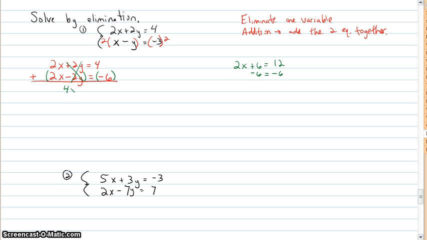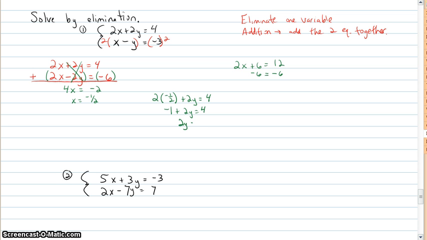On the left-hand side I have 4x, on the right-hand side I have negative 2. When I solve for x, I get x equals negative 1/2. That's only part of my solution. Now I need to substitute it back in. So I'm going to choose to substitute into the first equation. 2 multiplied by negative 1/2 plus 2y equals 4. 2 multiplied by negative 1/2 is a negative 1 plus 2y equals 4.